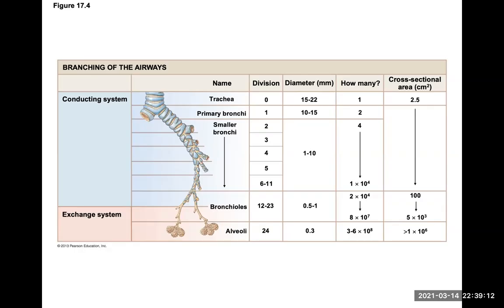Two, a muscular pump will create the pressure gradients. So you don't have to worry about your body working on those gradients. The muscular pump, which is smooth muscle, will do that completely for you. And three, resistance to airflow is influenced primarily by the change in diameter of the tubes through which the air is flowing. So again, that goes back to the same thing we talked about with our cardiovascular system.